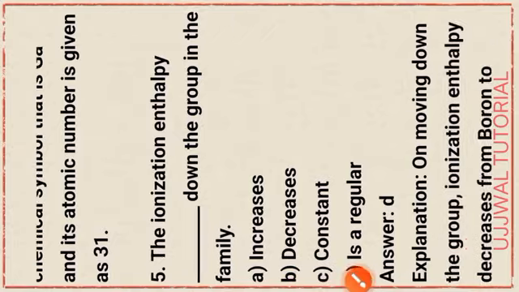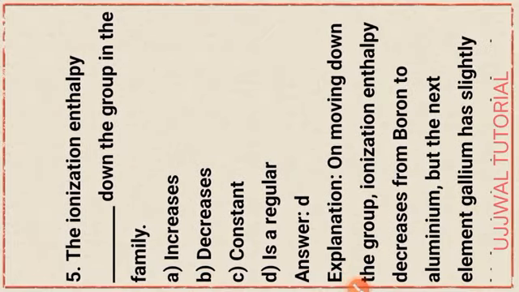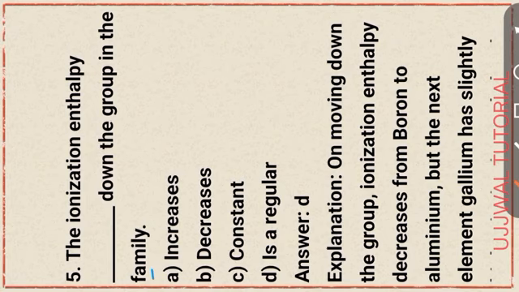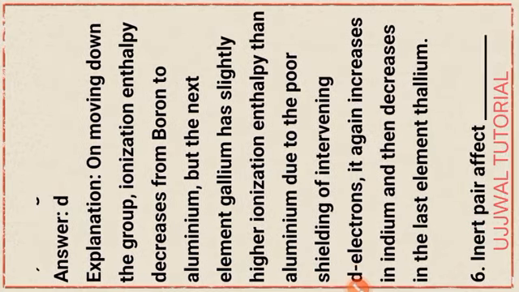Next question, question number 5: The ionization enthalpy dash down the group in the family. Option D, irregular.